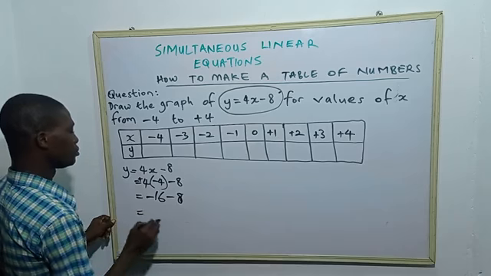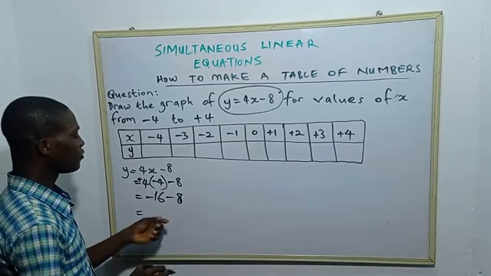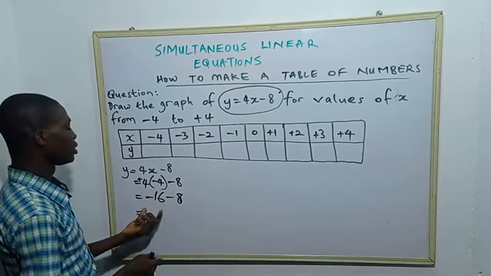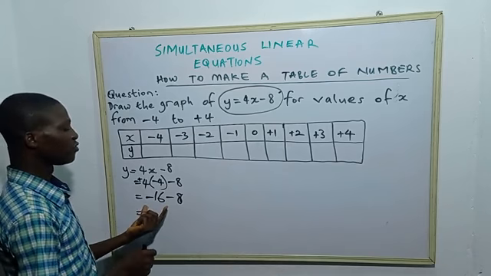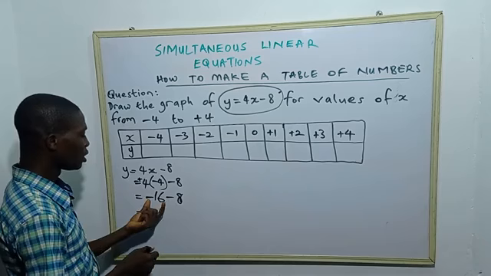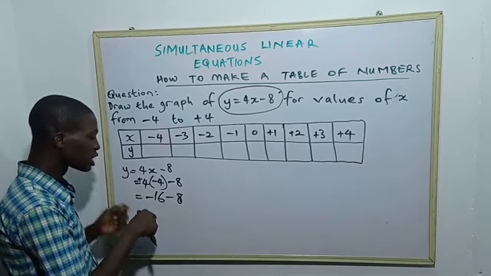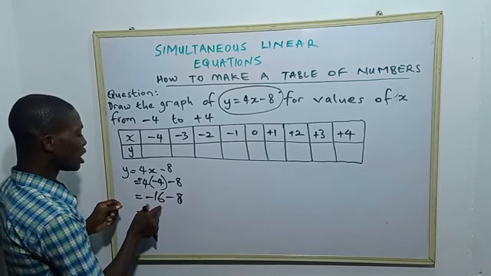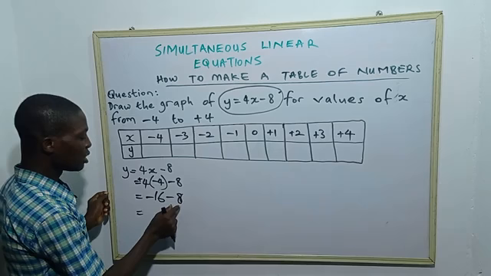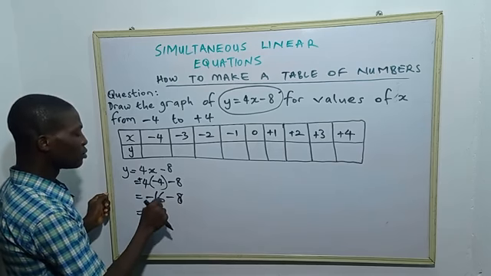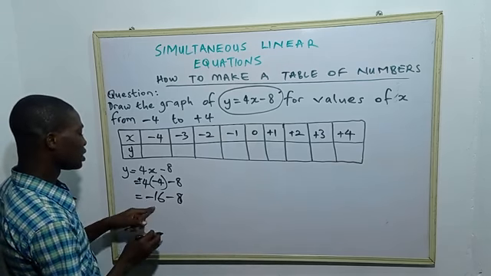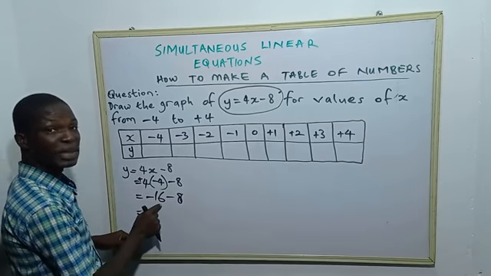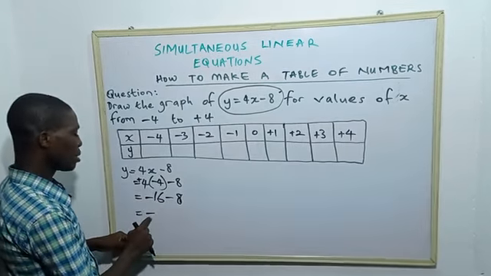If you don't have anything between them, like multiplication or division between the two terms, minus 16 and minus 8, you will write the sign of the bigger number, which is minus.